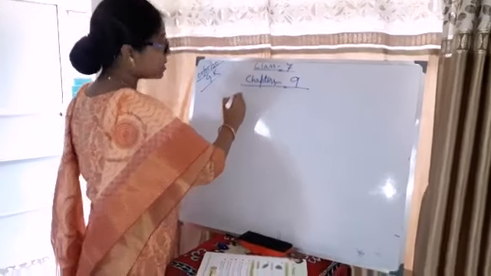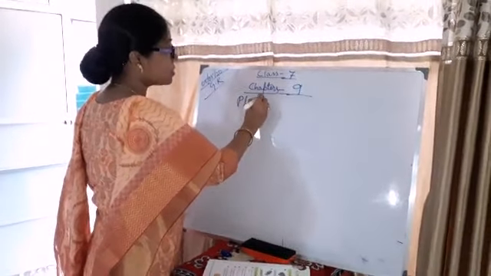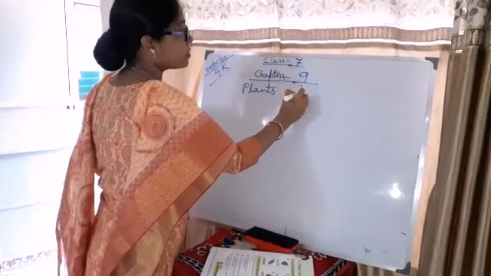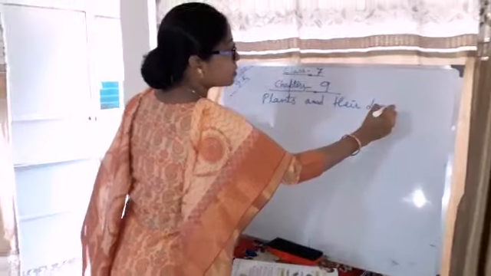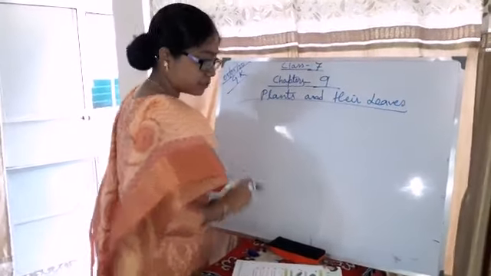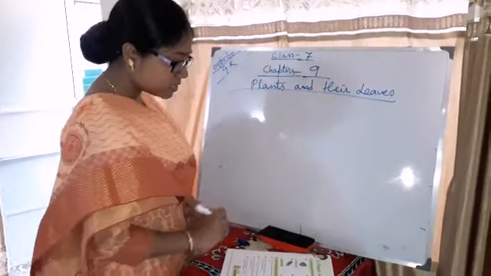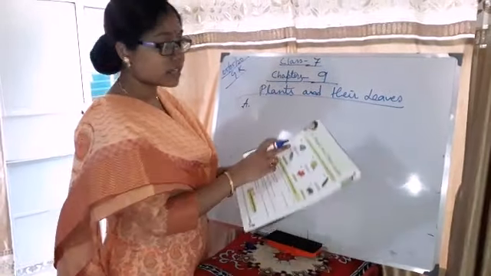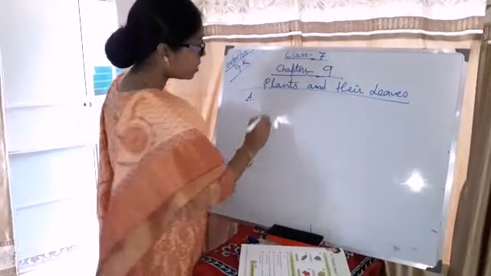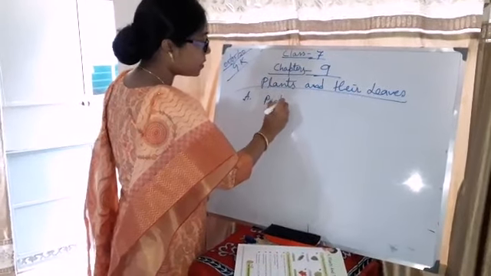Plants and their leaves. So first one, let us see. It is the peepal tree. By the picture only we can understand it is peepal. P-E-E-P-A-L.